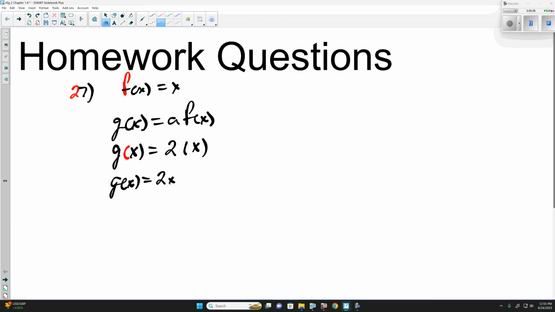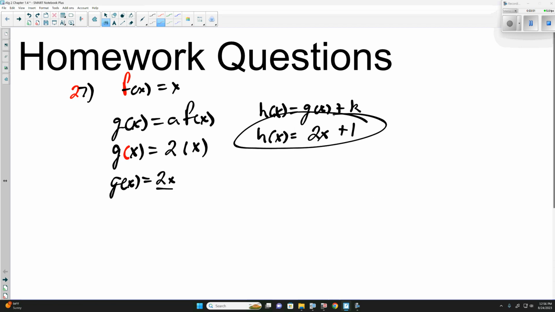So we have... Now the next transformation is followed by 1 unit up, so that will be our g of x plus k. Now what's the value of k? And it was up, so it's going to be plus 1. And the function we put in place of g of x is 2x, since there's no like terms.